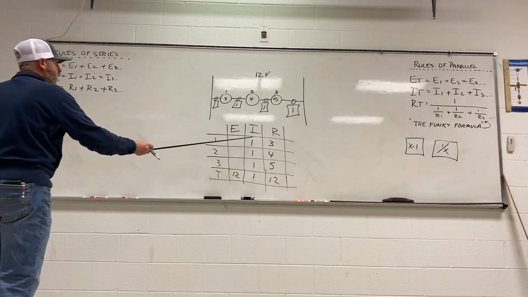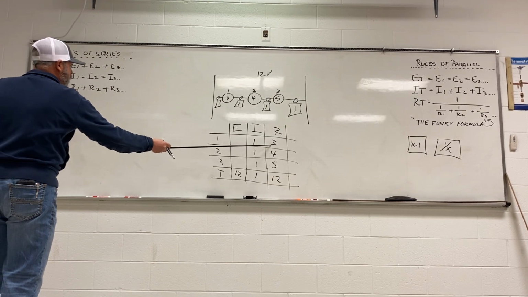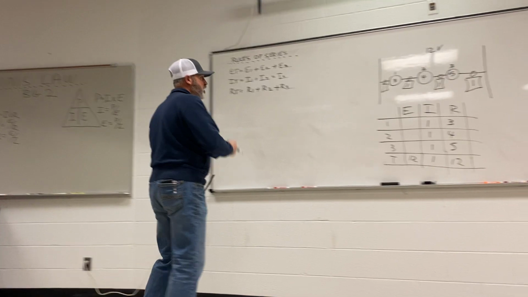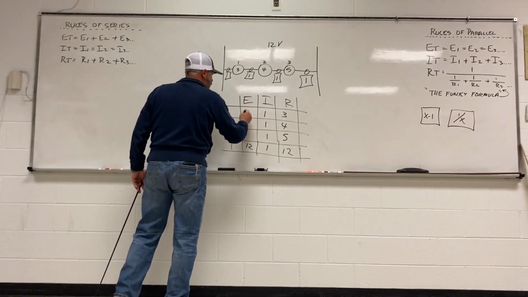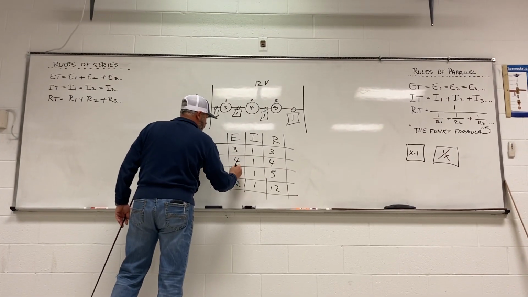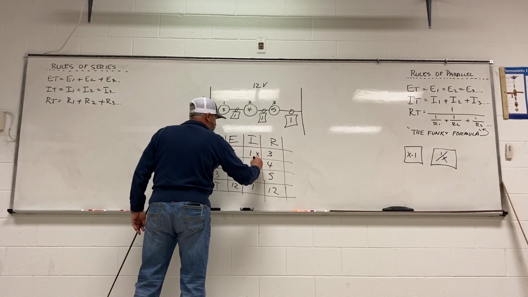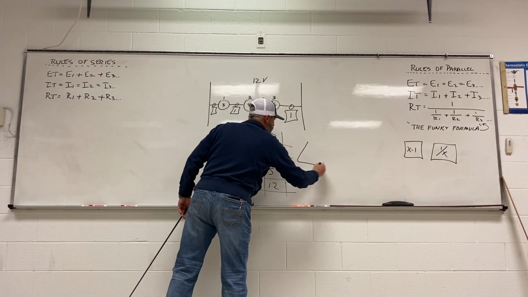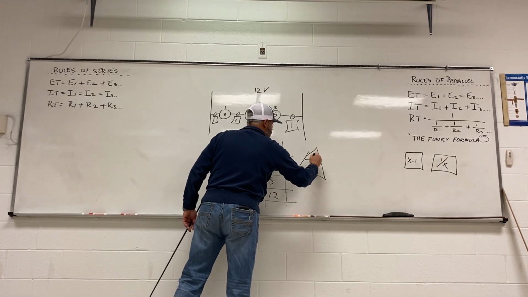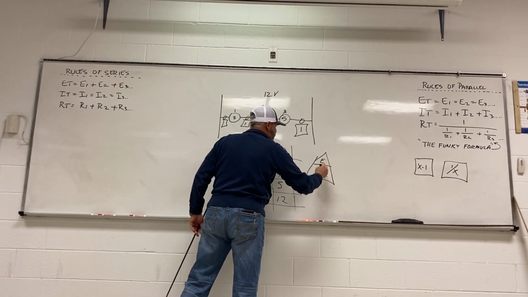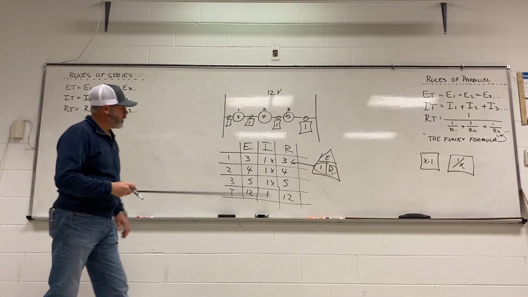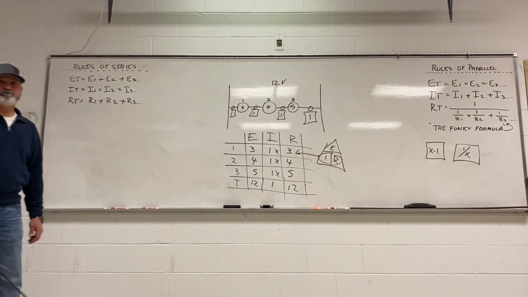So we can take I times R of each load. What we're doing is multiplying here using Ohm's law, E over I times R, to solve for the third property.